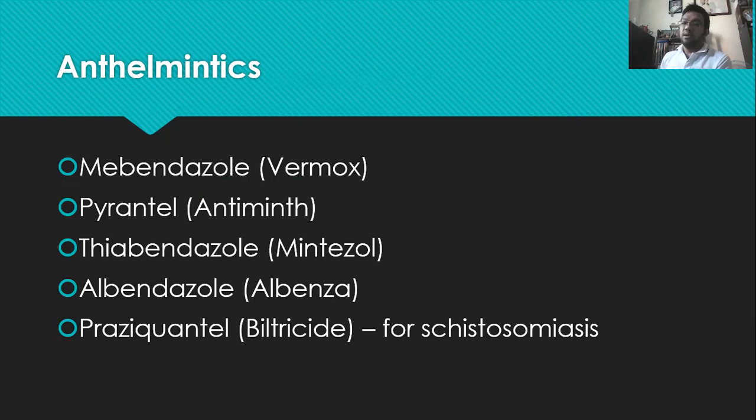Schistosomiasis is a zoonotic disease because it can come from snails. The scientific name of the snail found here in the Philippines is Oncomelania quadrasi, which causes the person to have schistosomiasis.